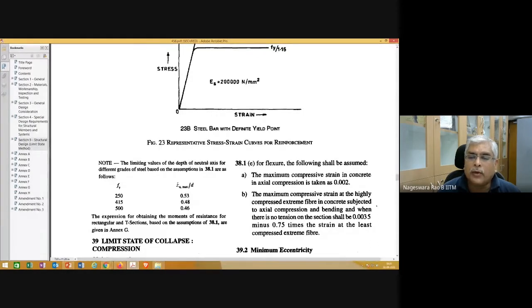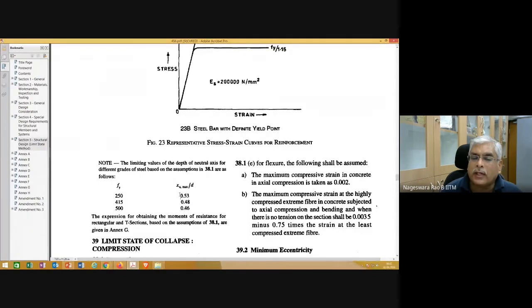So your XU max is nothing but limiting neutral axis depth for limiting case, which is for a balanced section. So if you want to find the neutral axis depth for a balanced section, if you know the effective depth of the section and the type of steel, you need to just multiply with this ratio, which is given in IS 456.